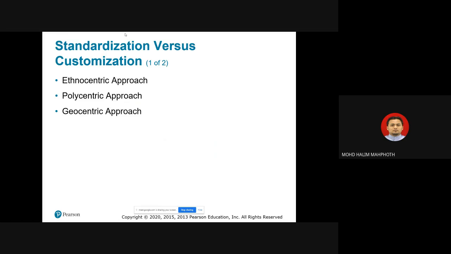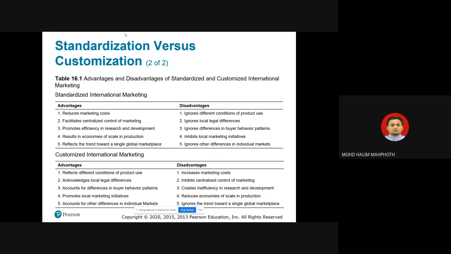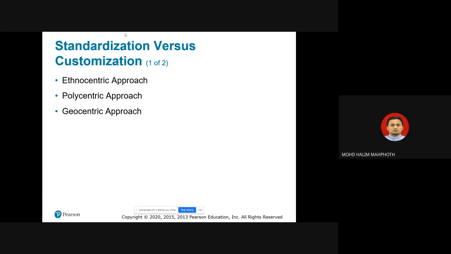So under ethnocentric, you apply the same marketing strategies like what you did in your home country.